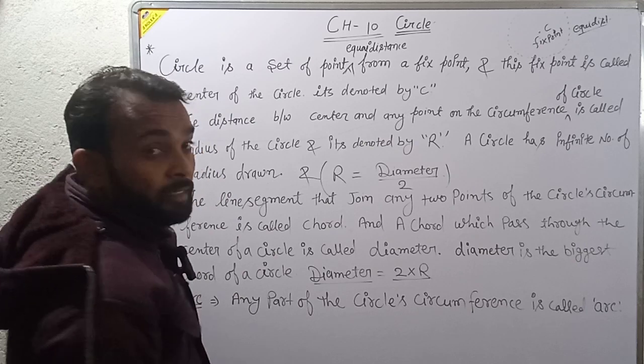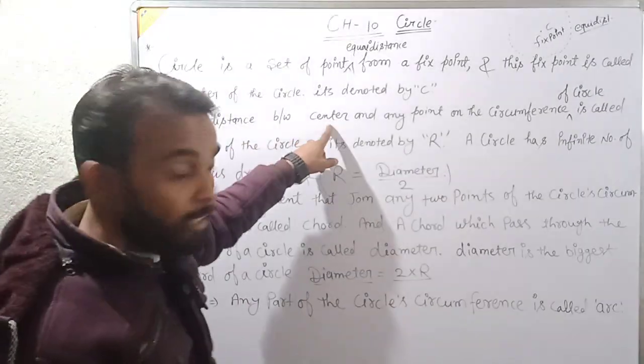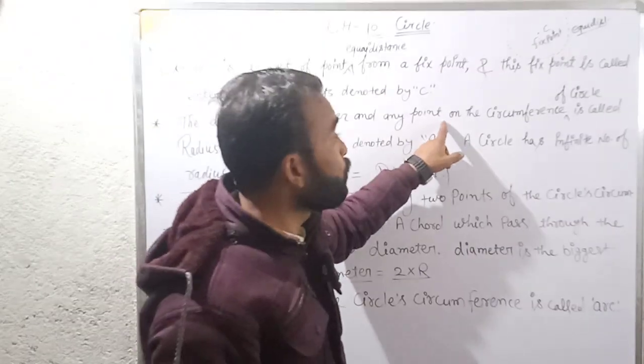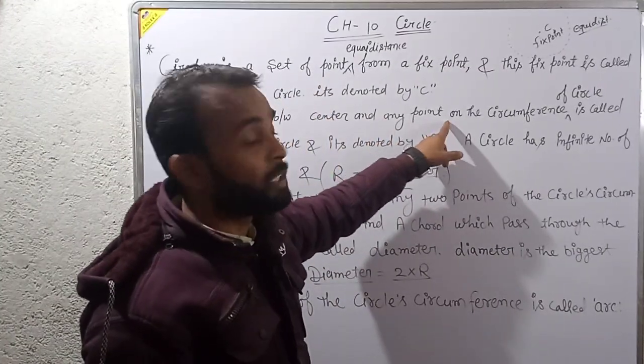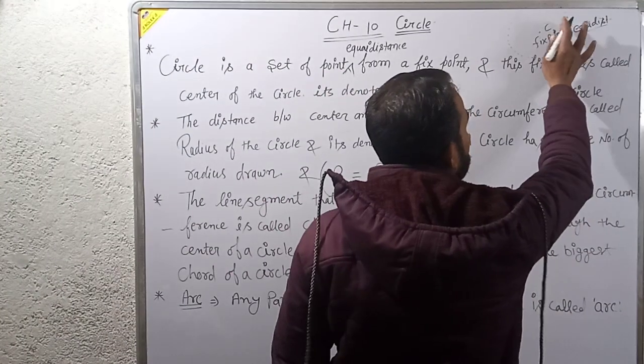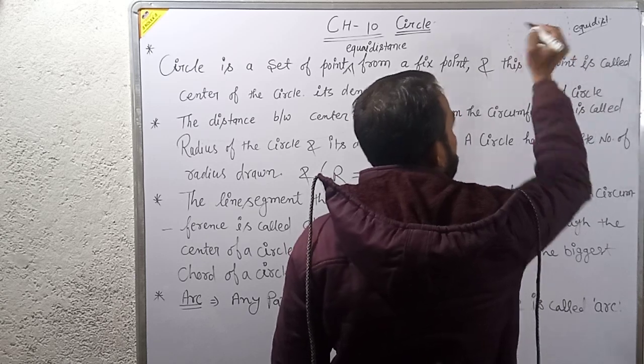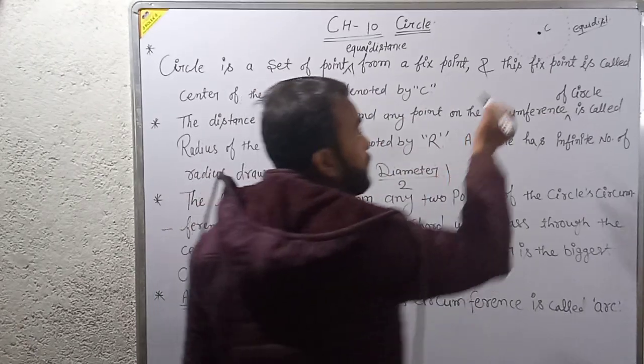What is radius? The distance between the center and any point on the circumference. That means you choose any one point from all the points on the circumference.